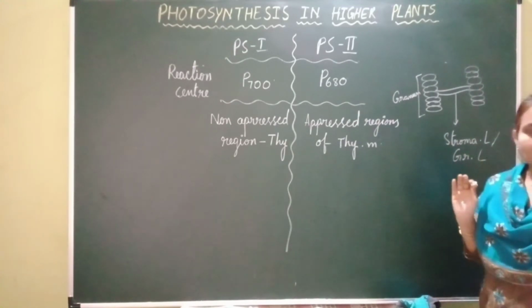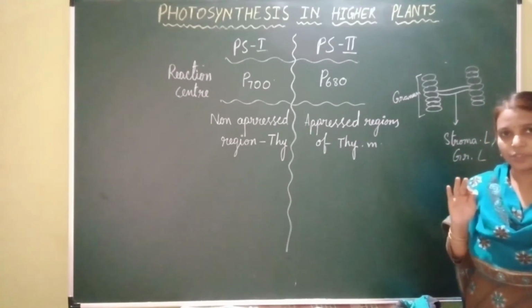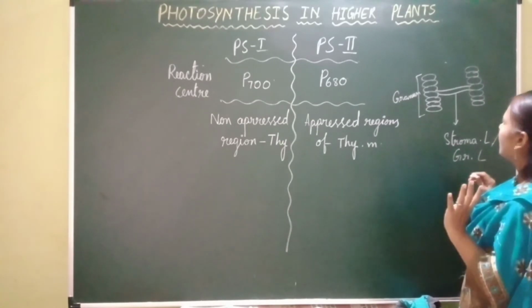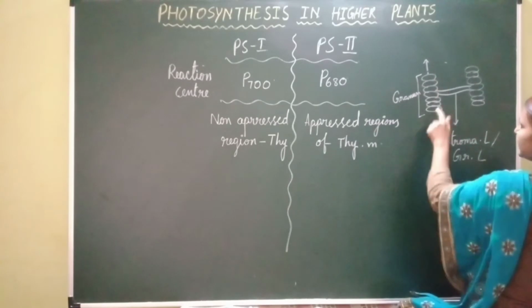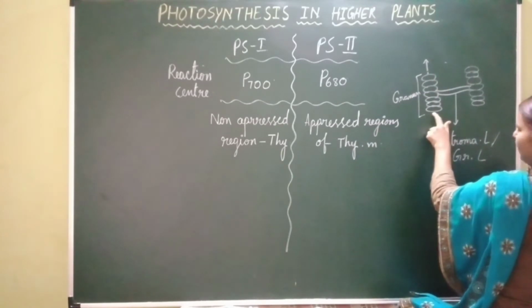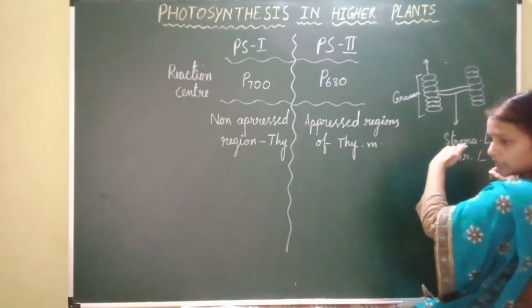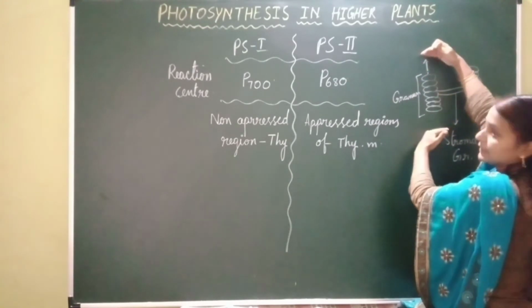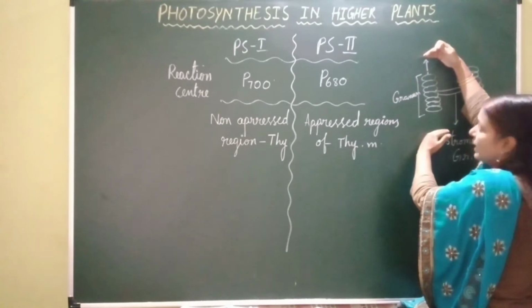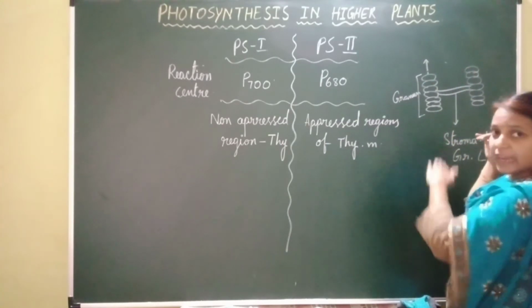Right. Now let's see the non-appressed regions and appressed regions present in these thylakoid membranes. This region and this region are called non-appressed regions, because these regions at the peripheral ends of the grana are not pressed by other thylakoid membranes.